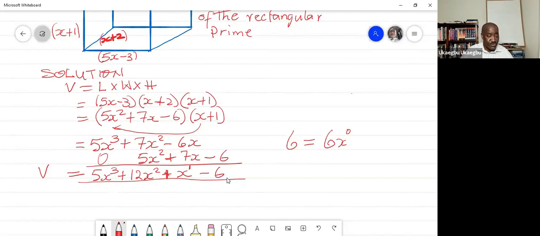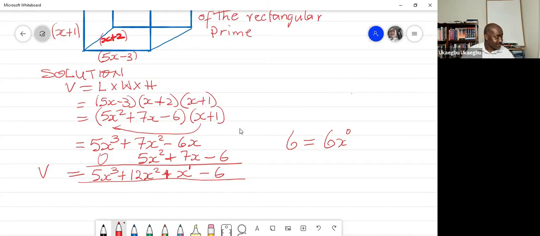A polynomial is any expression whose highest exponent is more than 1. So a quadratic equation is actually a polynomial. It's just that its highest exponent of x is 2. A cubic is a polynomial whose highest exponent is 3. So there are other polynomials.